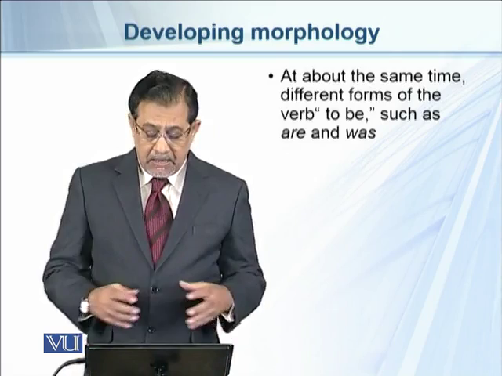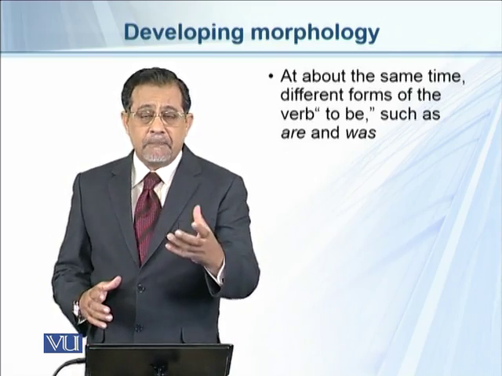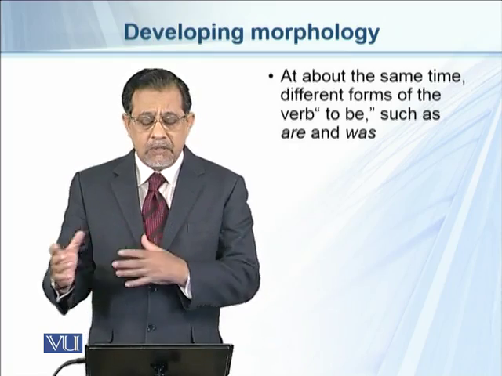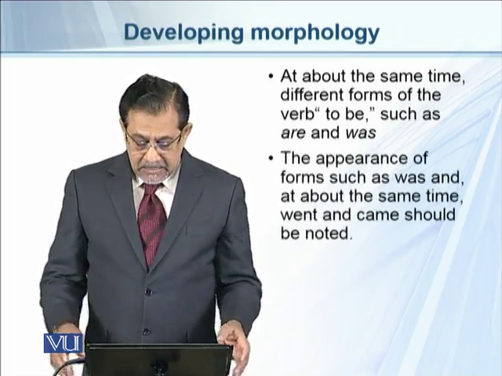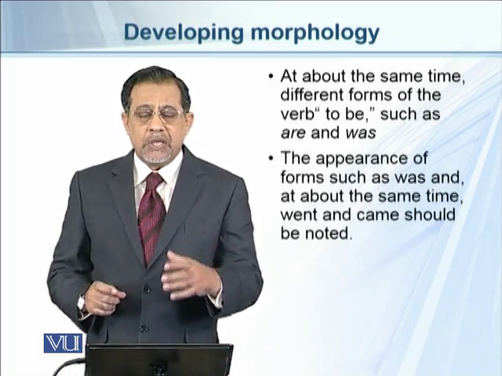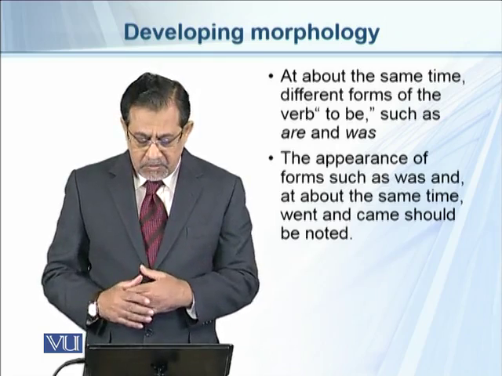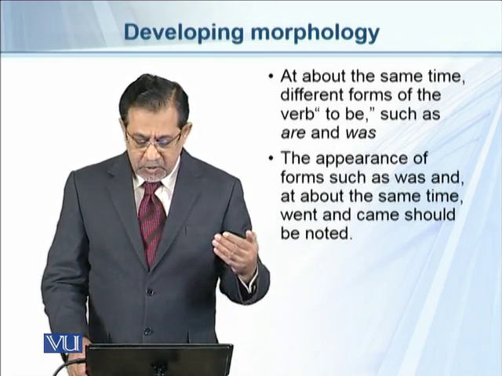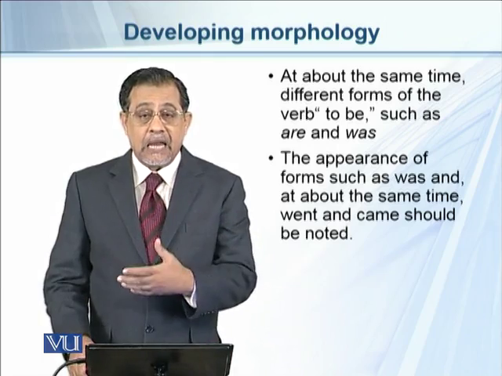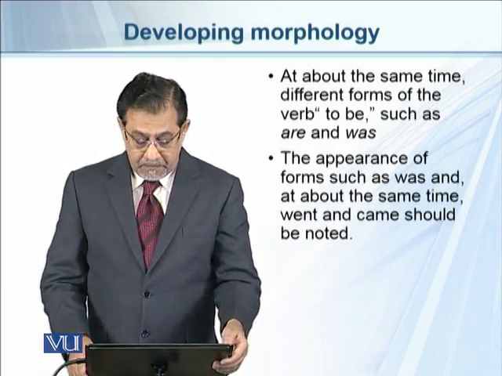At the same time, the child also starts using different forms of the verb to be: are, was, etc. And the child also starts using the irregular forms of come and go. So we can have the child use went and came.